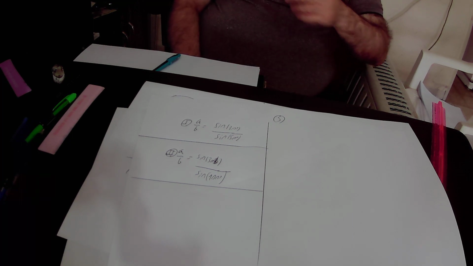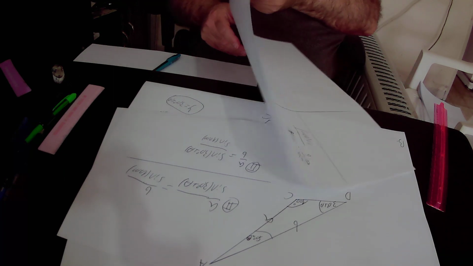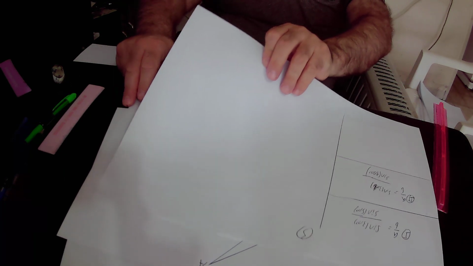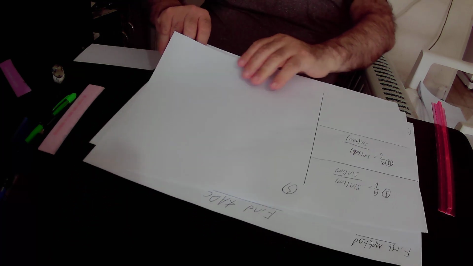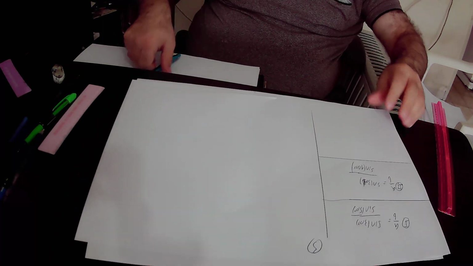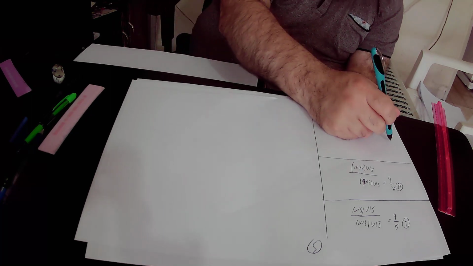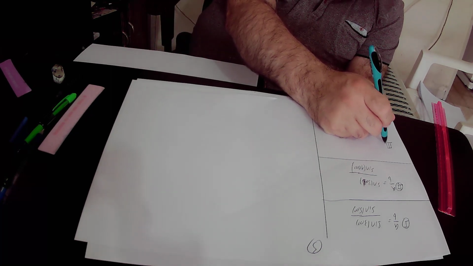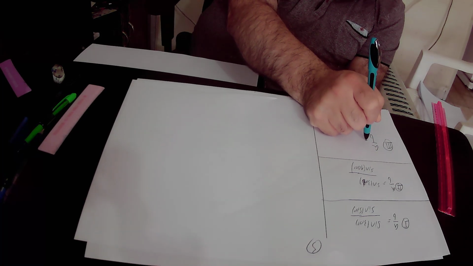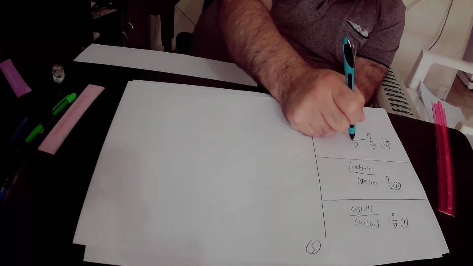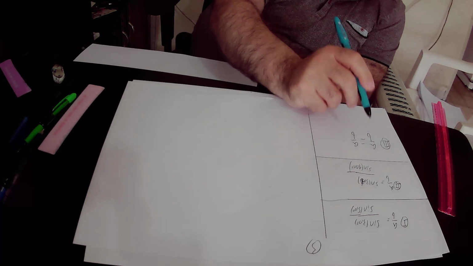Here we will create equation number 3 that states that A over B, according to equation number 1, must be equal to A over B according to equation number 2.